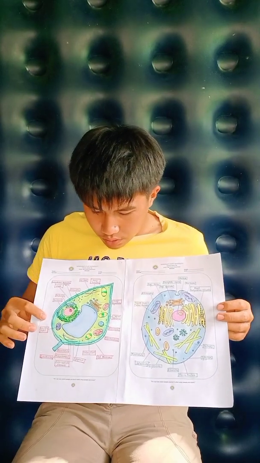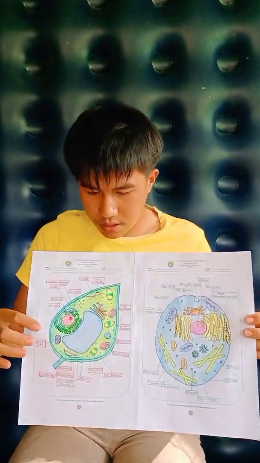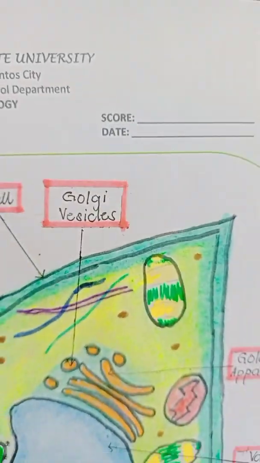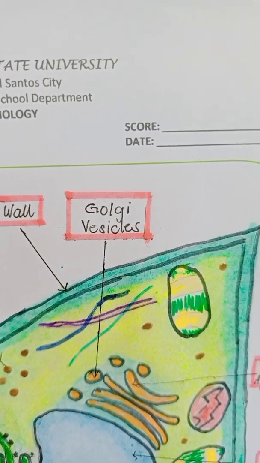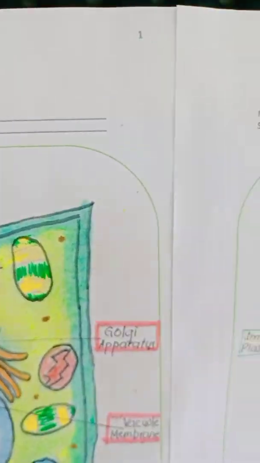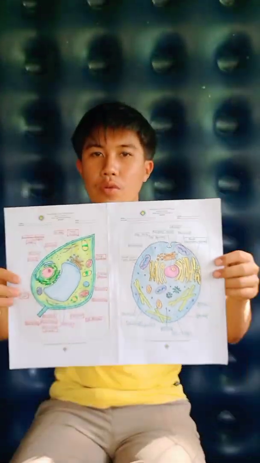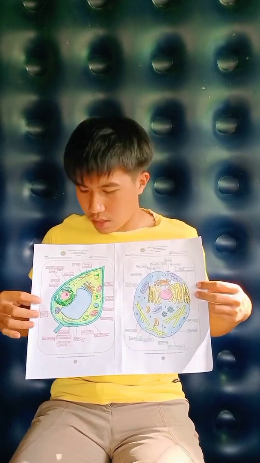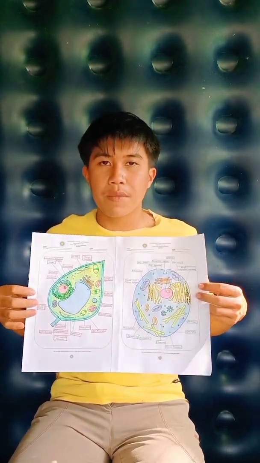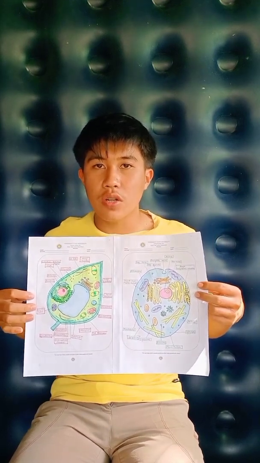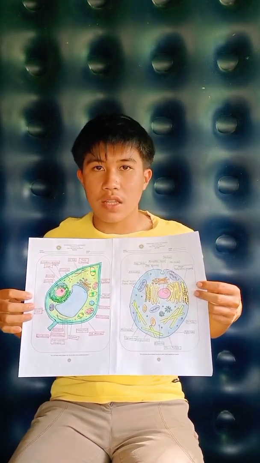Next is the Golgi vesicle, katabi ng Golgi apparatus. Here. The Golgi vesicle is referred to as the traffic police because its function is to guide the cell's proteins to their proper destination.